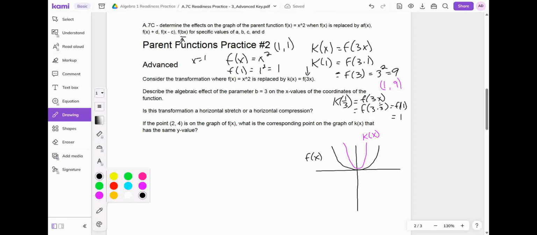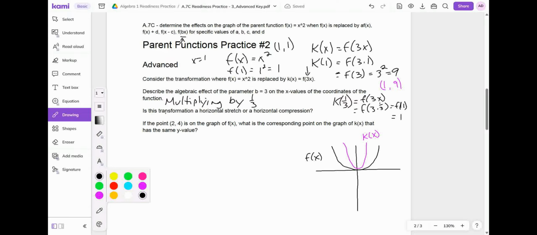So you are actually multiplying by 1/3, because even though it says 3x, in order to get that same k of x value out that you had for f of x, it's being multiplied 3 times before you even square it. So you have to take the opposite to get that same value back out.